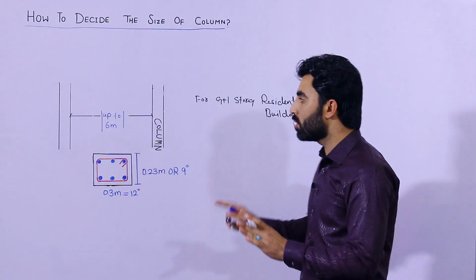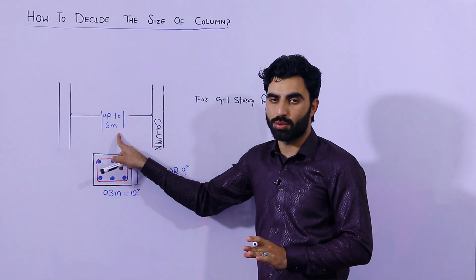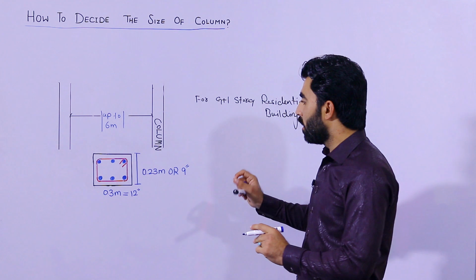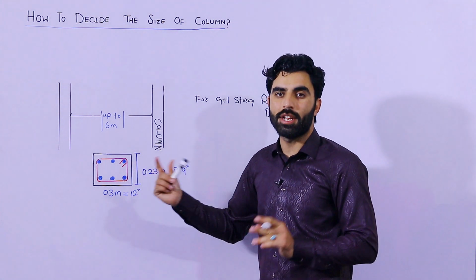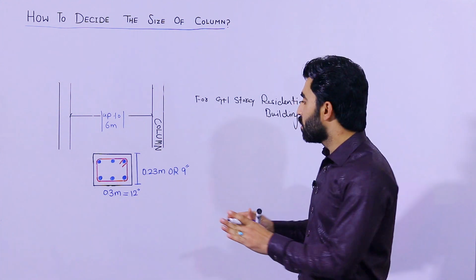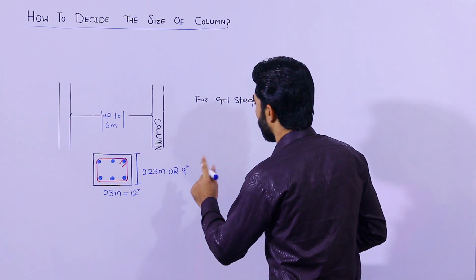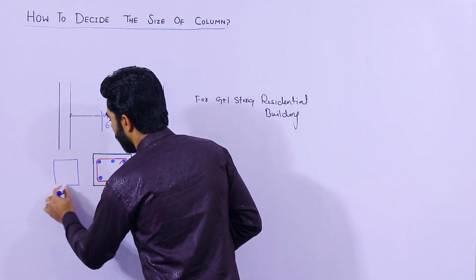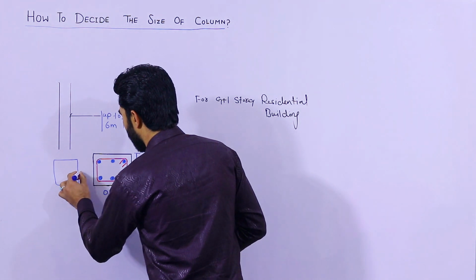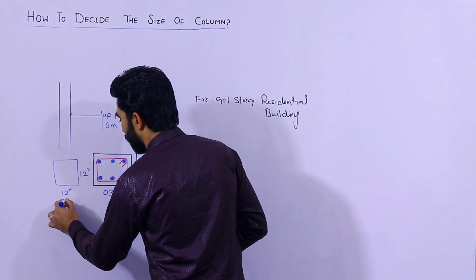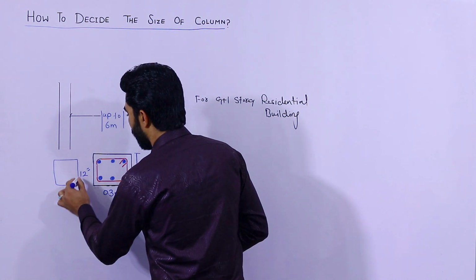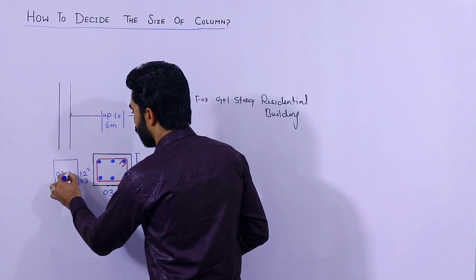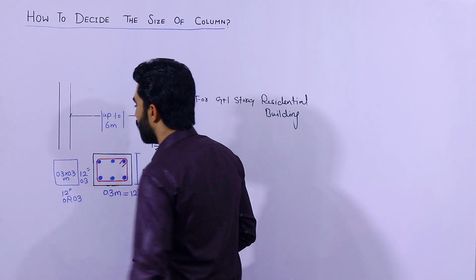This is for G+1 story up to 6 meters you can keep, but I'm recommending you guys, if you need a good strength and if you want to go for safe side, keep the size of the column for G+1 story 12 inches by 12 inches, or you can say 0.3 by 0.3 meter, or 30 by 30 centimeters.